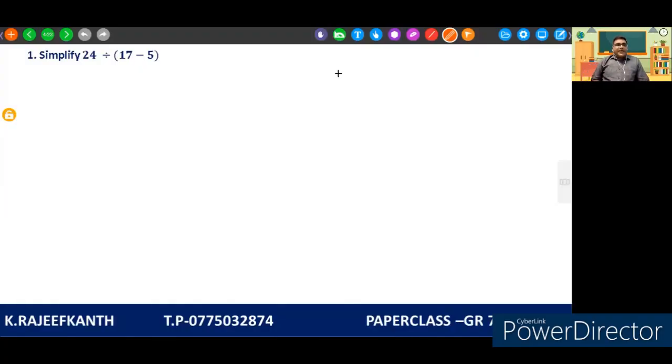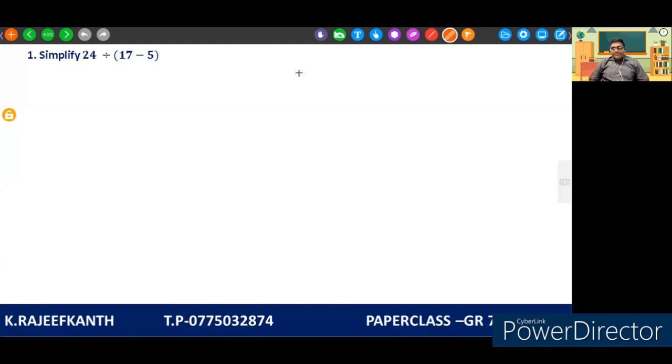Here, simplify 24 divided by (17 minus 5). That's 17 minus 5 within the bracket. So we know that here there are some mathematical operations, division and subtraction, but that subtraction is within the bracket.